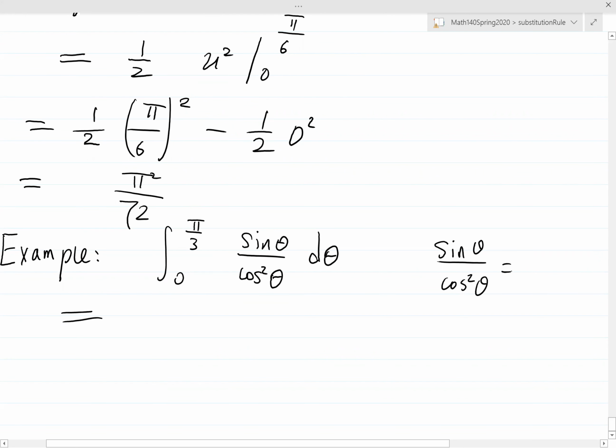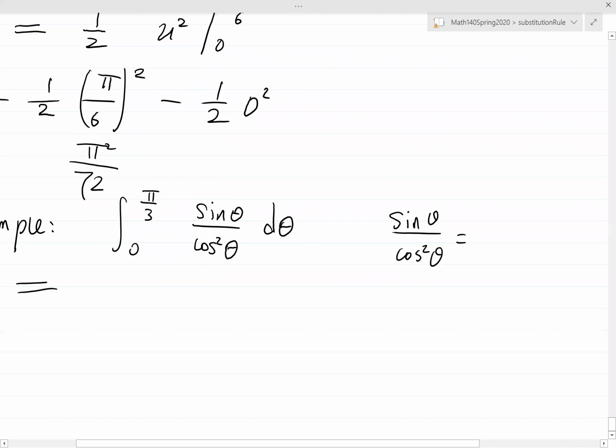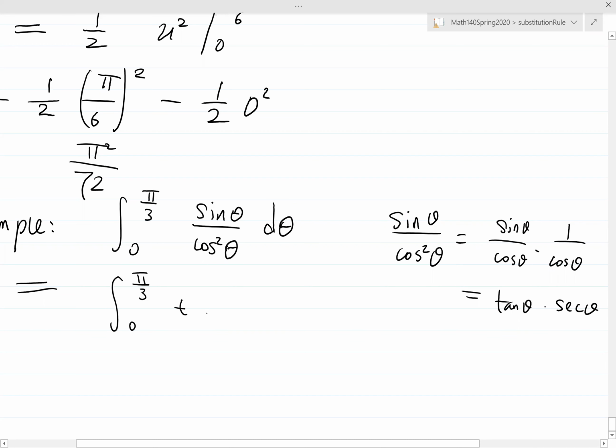You can write sine theta over cosine squared theta as sine theta over cosine theta times 1 over cosine theta. Sine over cosine is tangent, and 1 over cosine is secant. So this is essentially the integral from 0 to pi over 3 of tangent theta times secant theta d theta.